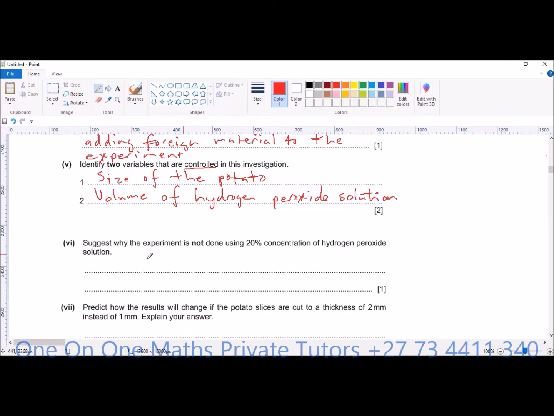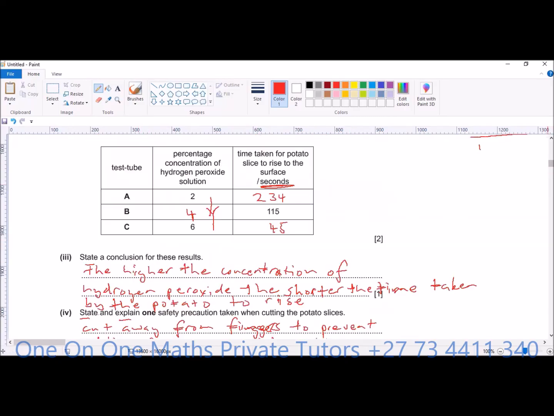Okay. Suggest why the experiment is not done using 20% concentration of hydrogen peroxide solution. So you see here the time taken, look at how it is coming down. If the concentration is 2, it's 234. If it's 4, it's 150. If it's 6, it's 45.